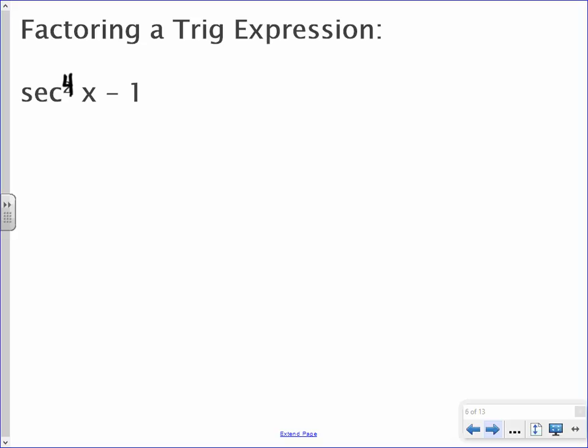You can write this as s to the 4th minus 1 so you can visualize what's happening. How do we factor something like that? What's that pattern? Difference of squares, right? So we have s squared minus 1 and s squared plus 1.